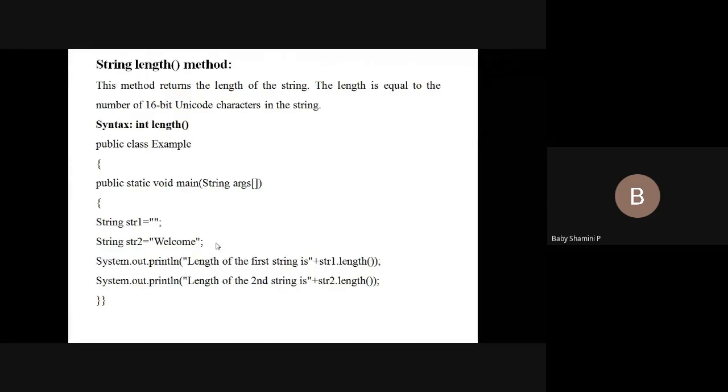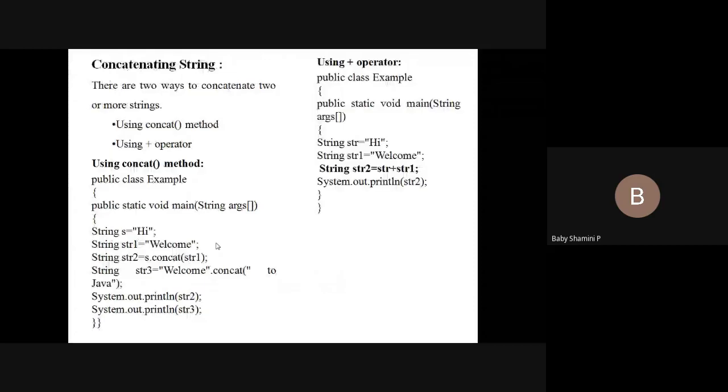So next one, concatenation. What does concatenation mean? If you want to combine two strings, if you want to perform concatenation operations between two strings, we have two different methods.